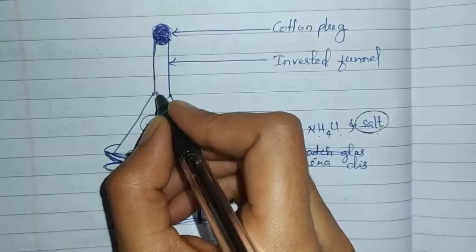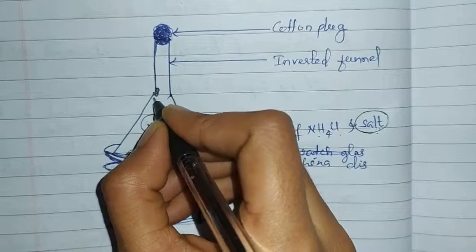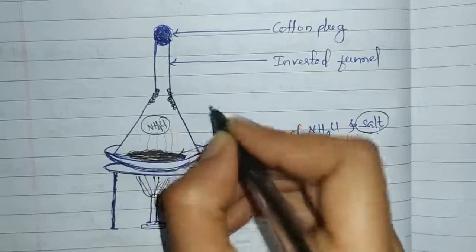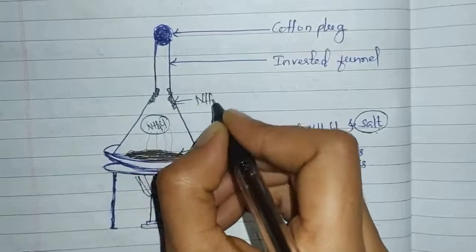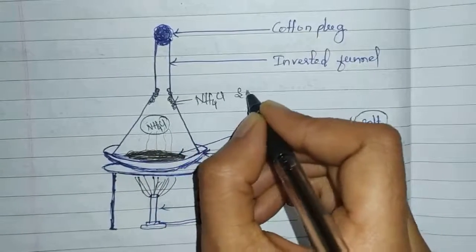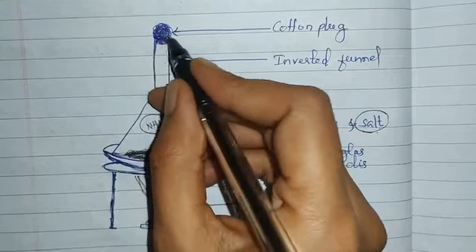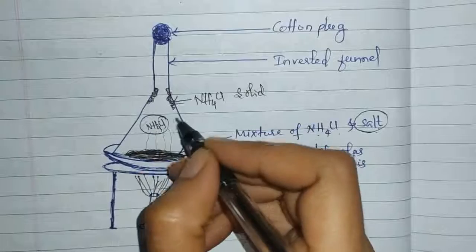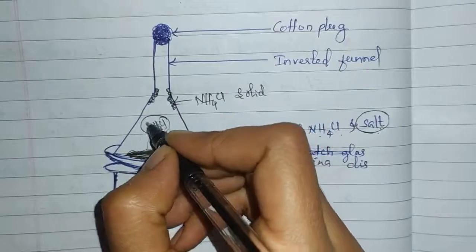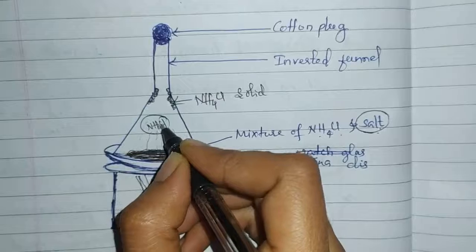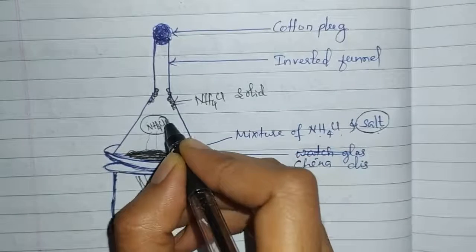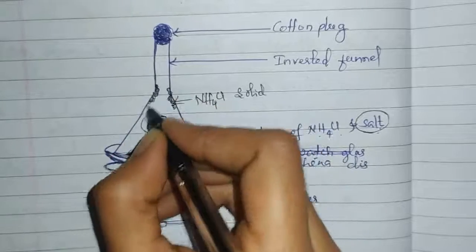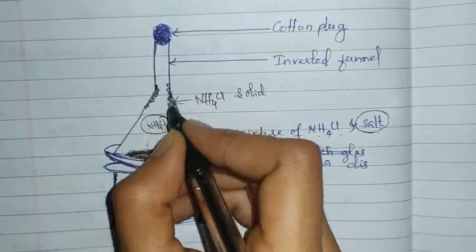That's why they get solidified. This is the ammonium chloride solid. The vapors are converted into solid ammonium chloride and are deposited on the surface of the funnel.